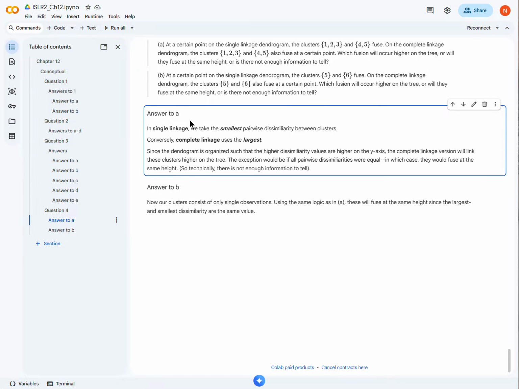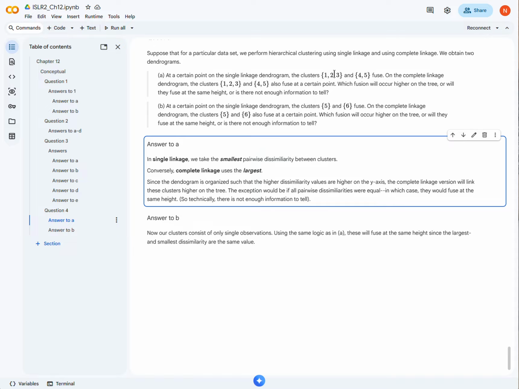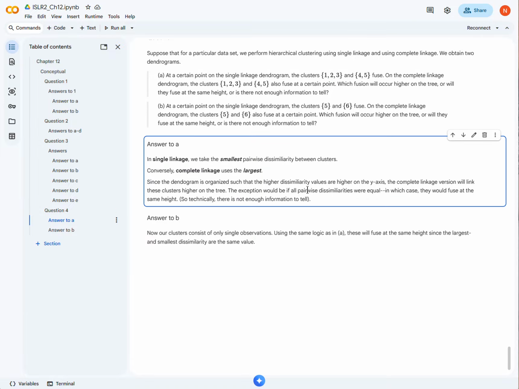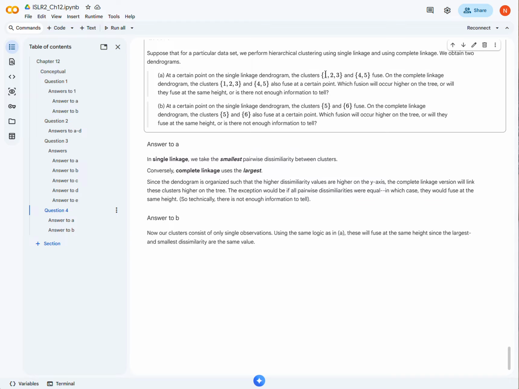Now, I think the most accurate answer, though, is that it could be that all of these pairwise dissimilarities between cluster 1 and cluster 2 are equal, in which case the smallest and the largest are equally large. And so there's not enough information to tell, although I'm not really sure that you could get two distinct clusters.